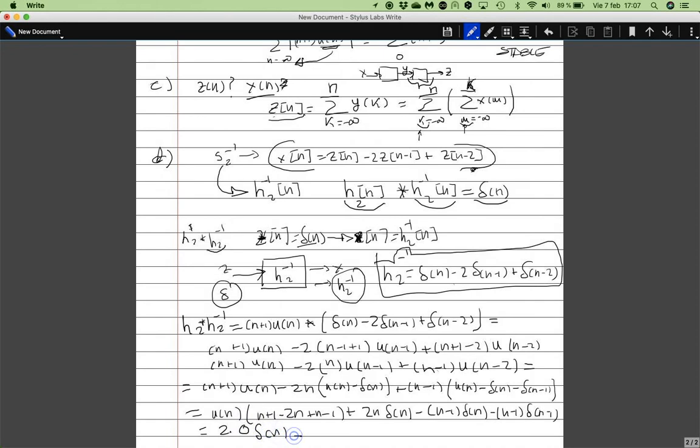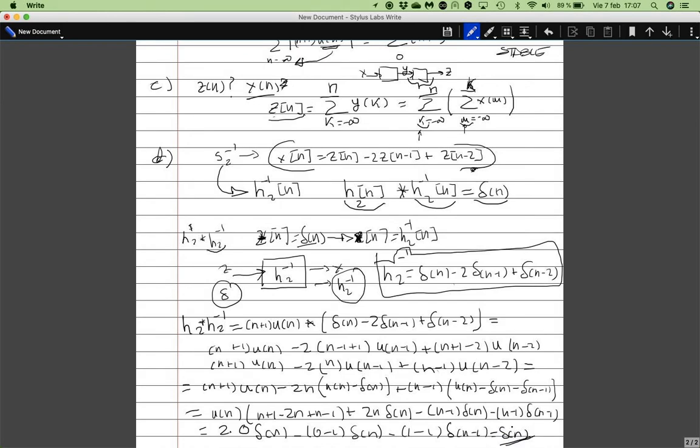Then we have minus (0 minus 1) delta[n], where I take out delta[n] as a common factor. Then minus 1 of delta[n minus 1], where I take out delta[n minus 1] as a common factor. And basically, this is delta[n], which is what I wanted to demonstrate.